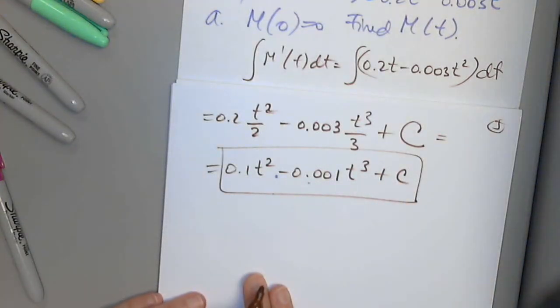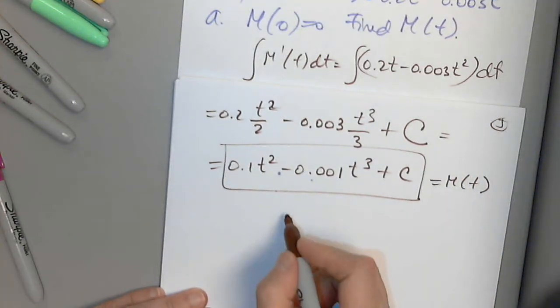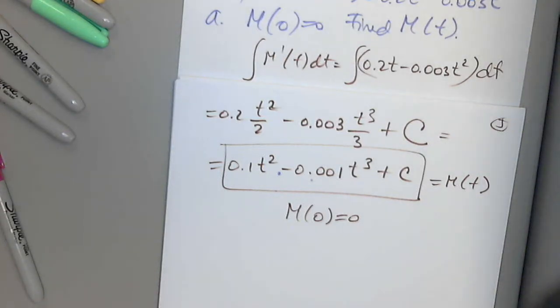However, this will be m of t, but we are given information that m of 0 is 0. Why is this piece of information given to us? In order to help us do what? Find the constant. But when t is 0, the answer is 0, how much is c then?